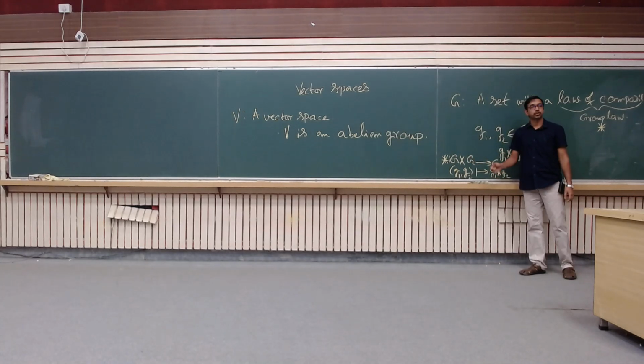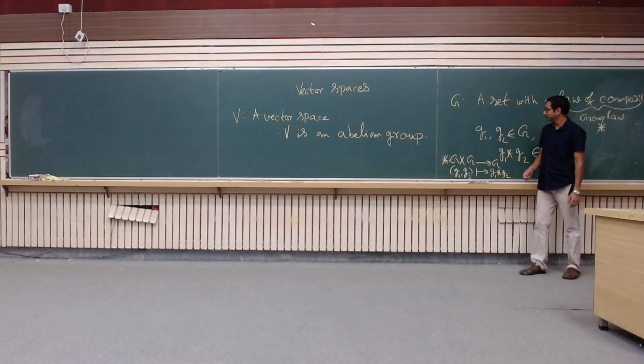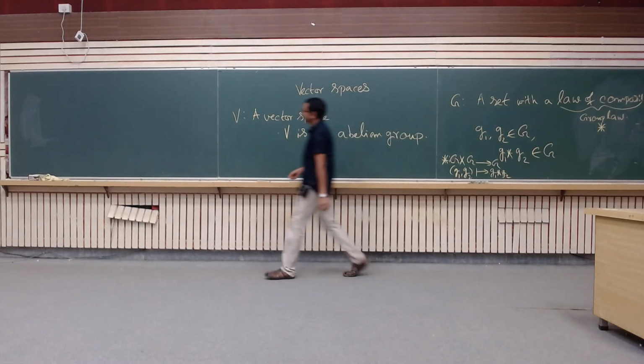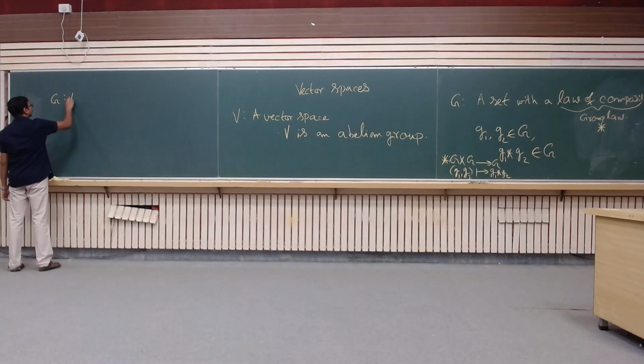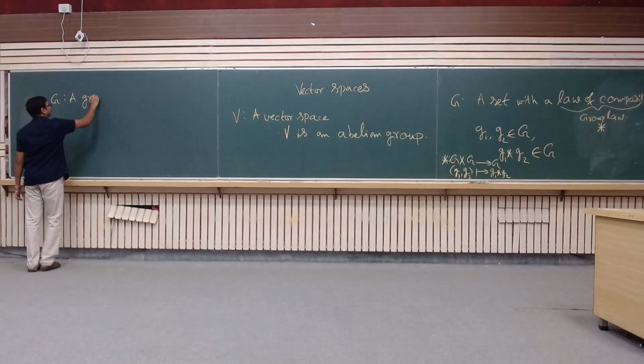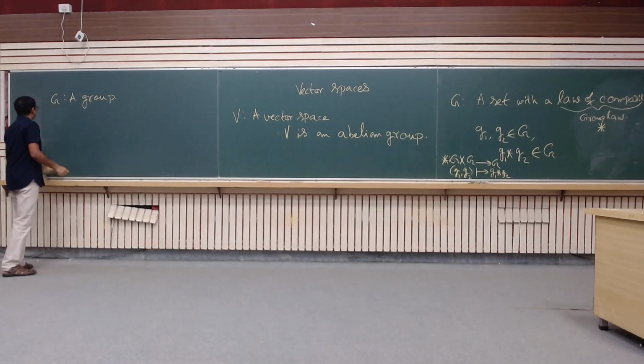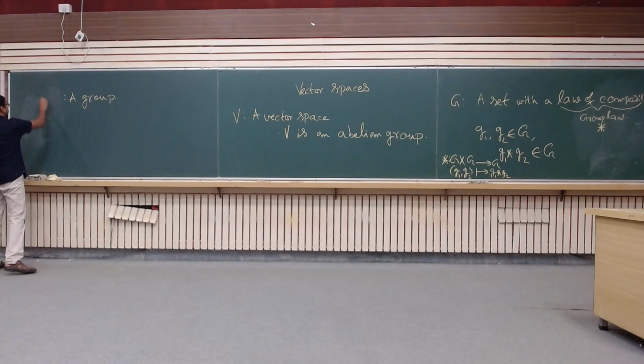Moreover, this law of composition should satisfy three properties. We are still defining what a group is. So a group (G, star); it's better to write G star here because we are going to consider some properties of this star.